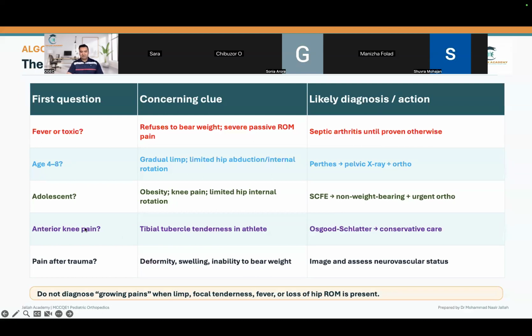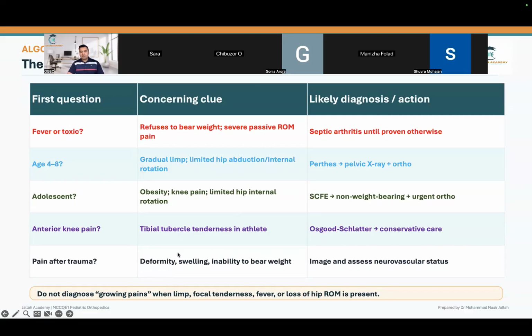Anterior knee pain with tibial tubercle tenderness in athletes is Osgood-Schlatter, not patellofemoral syndrome. In patellofemoral syndrome, the patient will have anterior pain, but it will be above the patella. So conservative treatment for both cases.